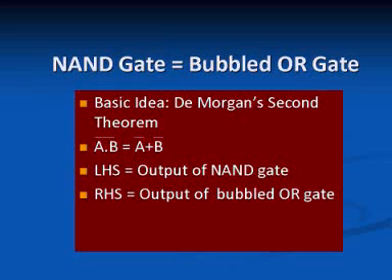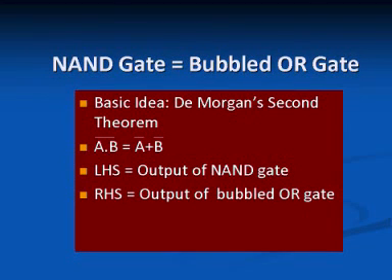Now, if both the inputs A and B are complemented using two NOT gates before ORing them, the output will be A bar plus B bar, which is equal to (A into B) bar. Thus, a NAND gate is equivalent to a bubbled OR gate.